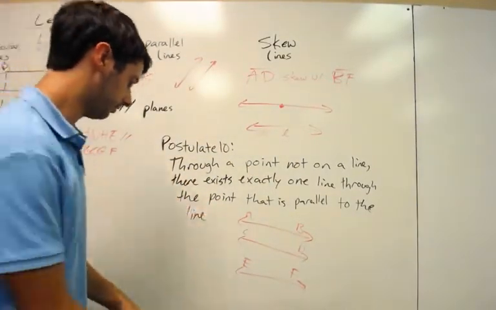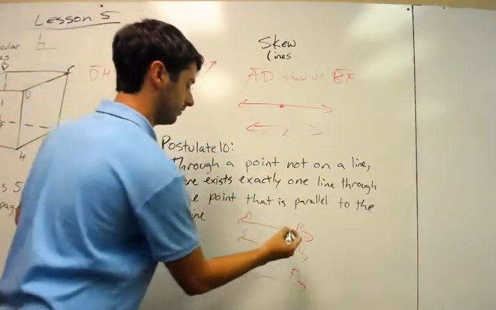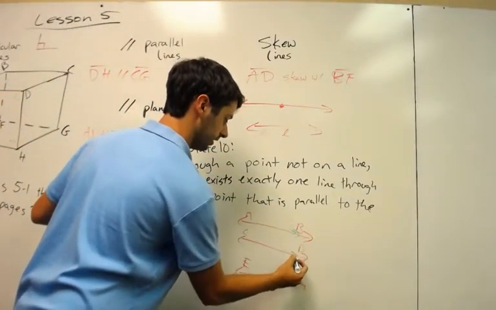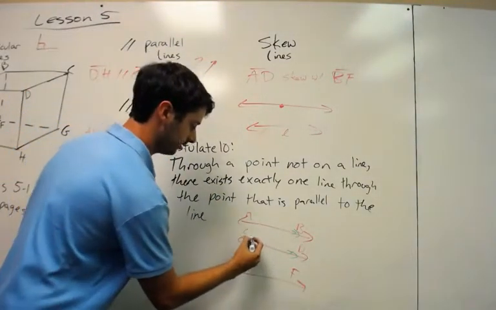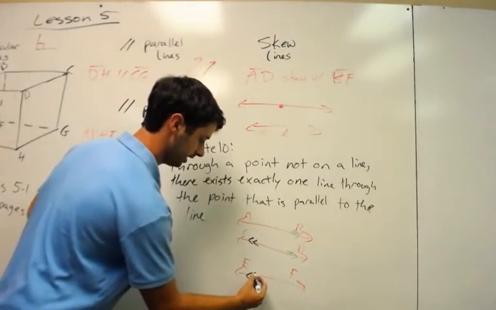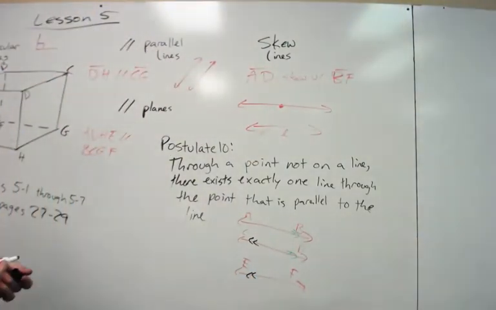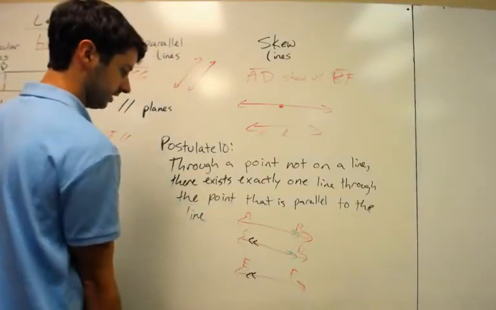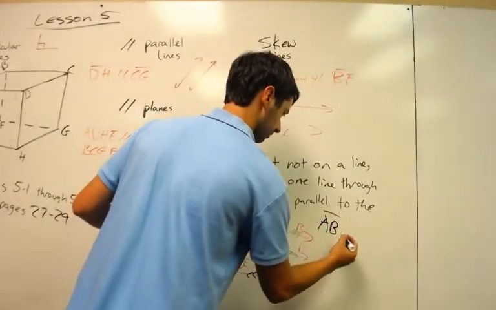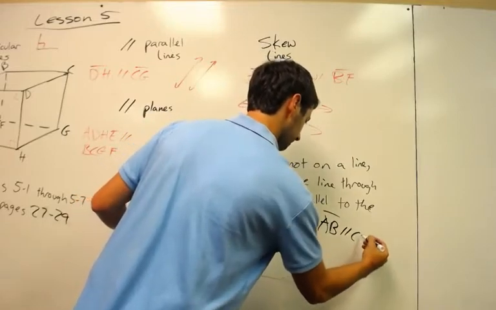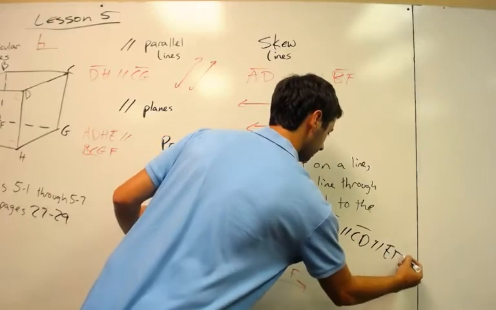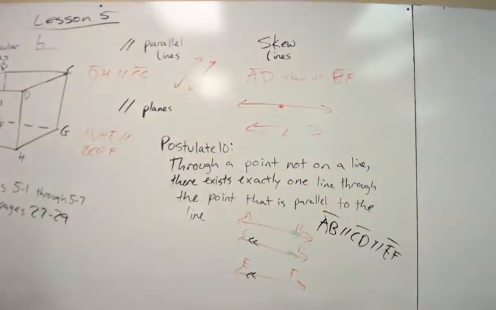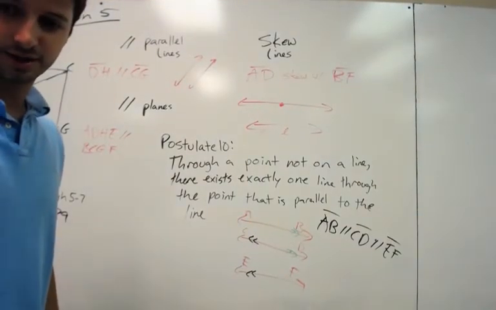Well, if I was to tell you that AB is parallel to CD, and that CD is parallel to EF, well then the transitive property simply states that all three of these lines are parallel. AB is parallel to CD, parallel to EF. And that is the transitive property of parallel lines in theorem 5-7. And that is all that there really is to lesson 5.